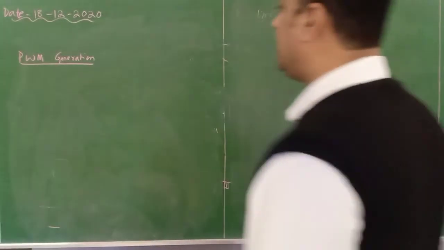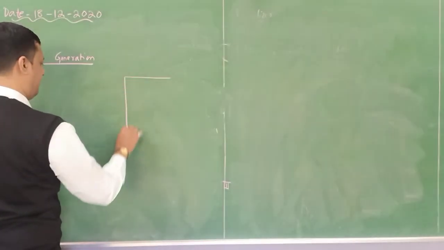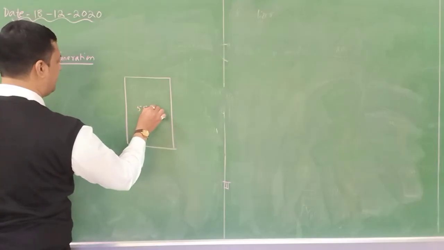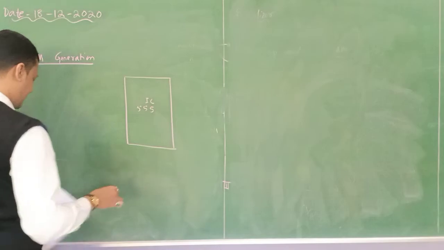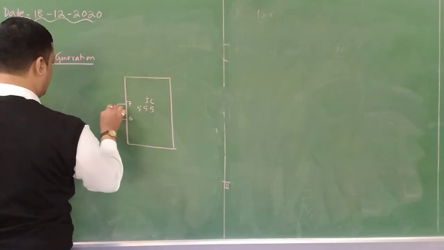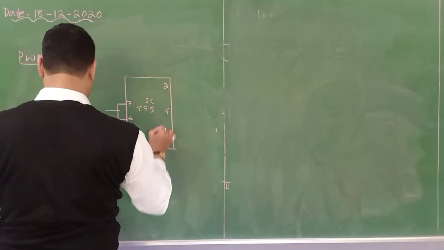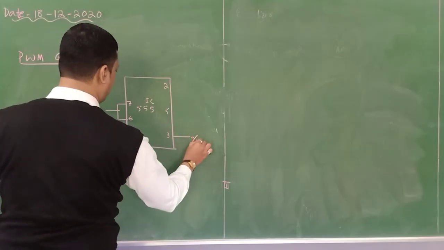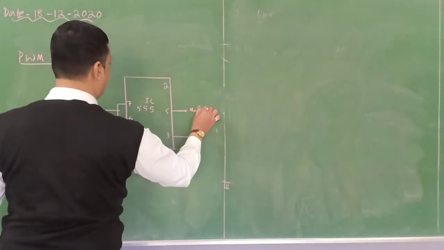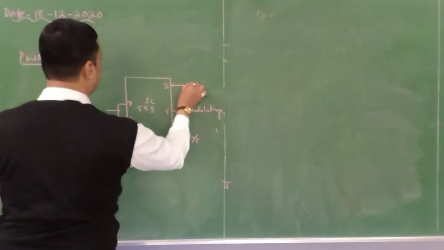Now we will discuss the PWM generation. We have a small circuit with the help of the 555 timer to generate the PWM signal. Pins 7 and 6 are both shorted. This is pins 2, 5, 3. Pin 3 is the output, pin 5 is the modulating signal we are feeding, and pin 2 is the trigger pulse.